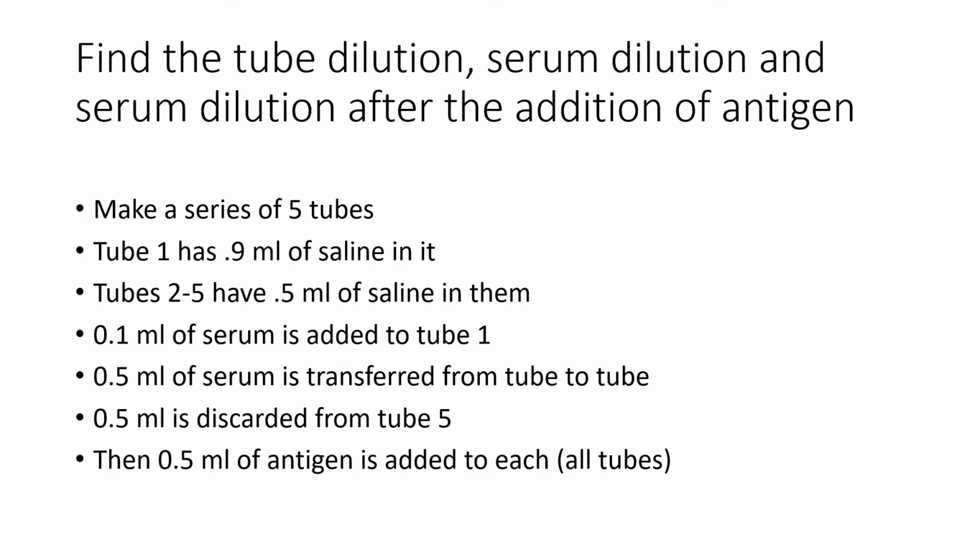Now, dilutions get a little bit more complicated after we add antigen, okay? So let's go ahead and discuss how to figure out our tube dilution and our serum dilution with antigen.